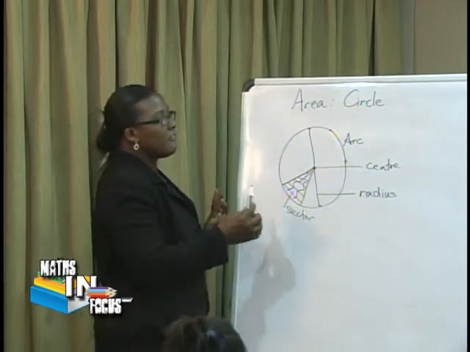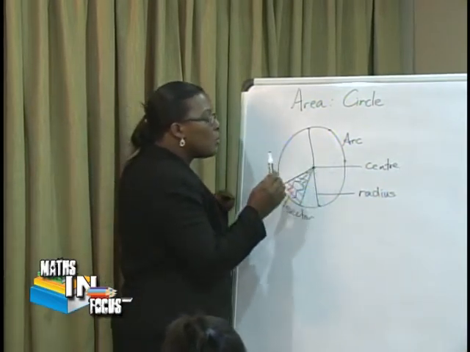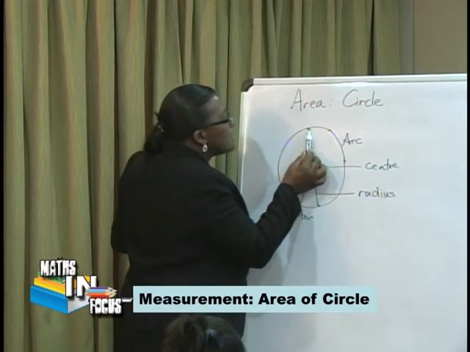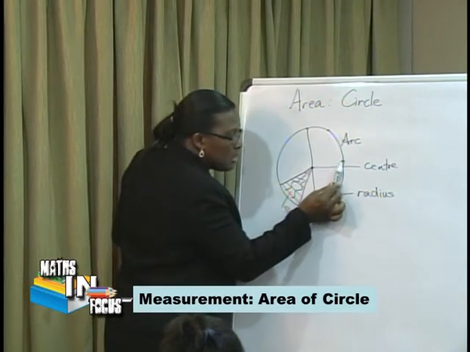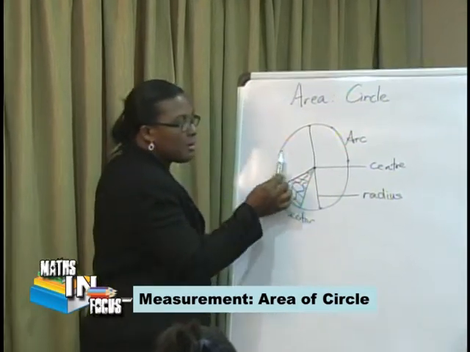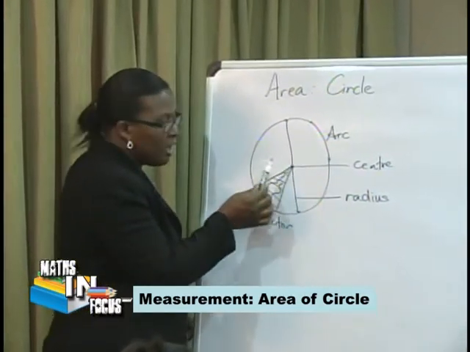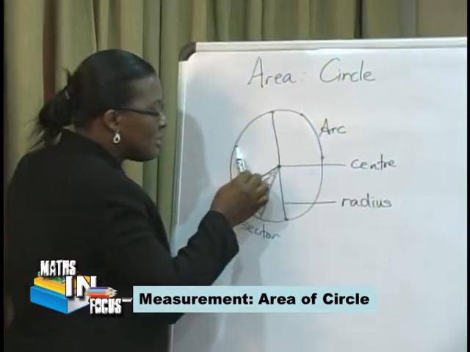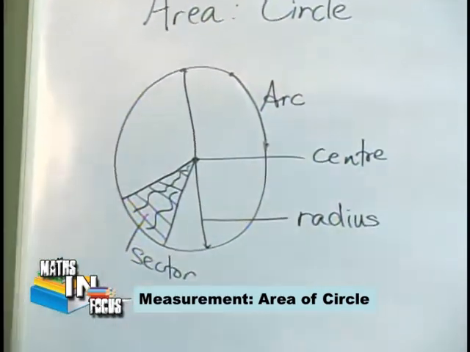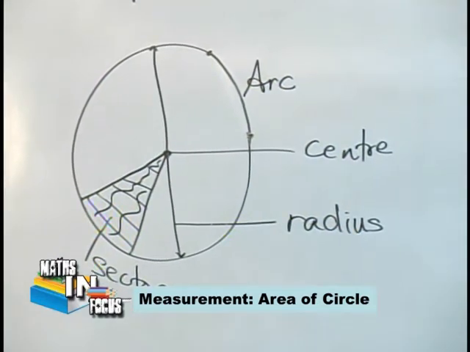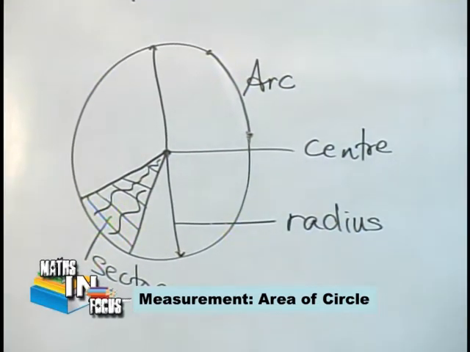Now, if we want to find the area of this circle, we want to find the surface within this boundary here called the arc. Okay? We want to find the surface. What's the size of this surface here? Now, just as we had formulas for finding area of triangles, we had two there, and we could have used others.